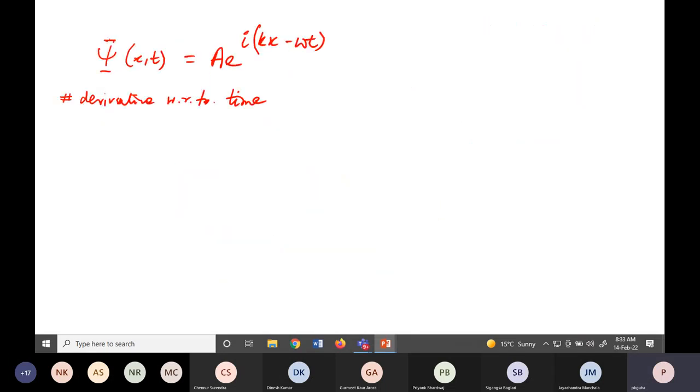So with respect to time, if you do del psi del t of this equation, you will get minus i omega A e to the power i(kx minus omega t), which is nothing but minus i omega psi.